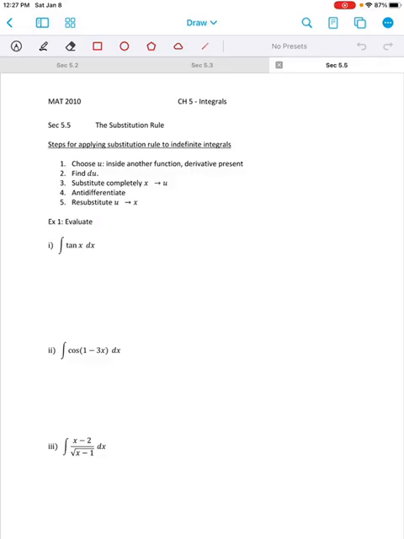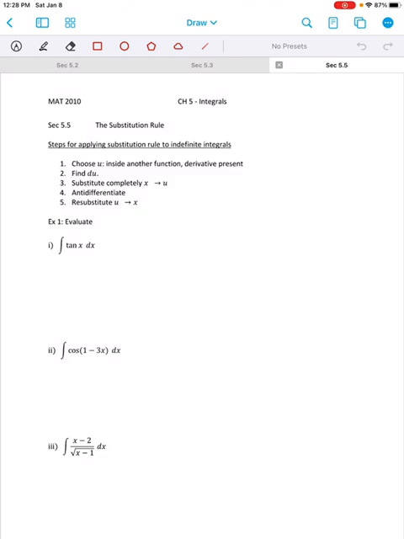So I have steps for the indefinite integral here first. What we do is start by choosing a function u, because we are going to use substitution. So we are going to substitute something with u. What will we substitute?